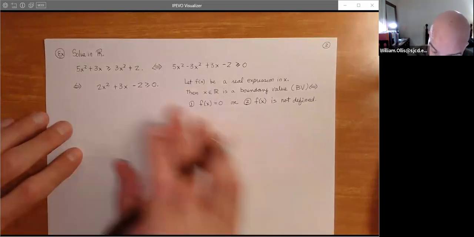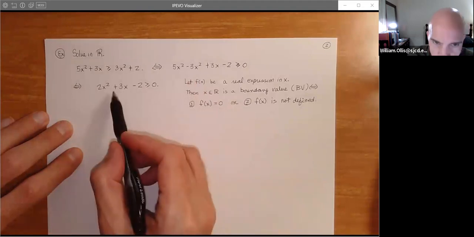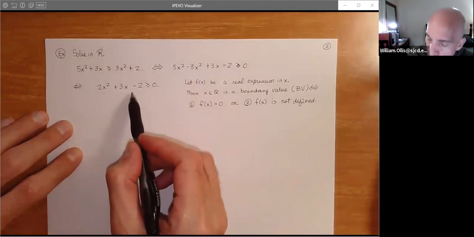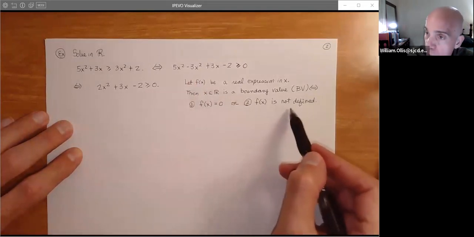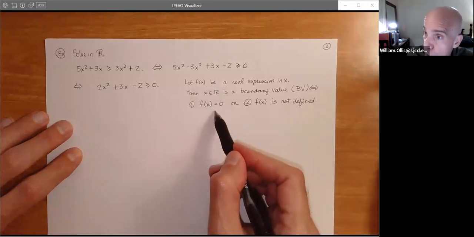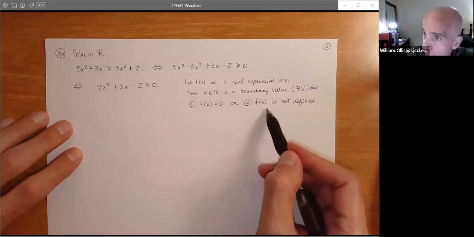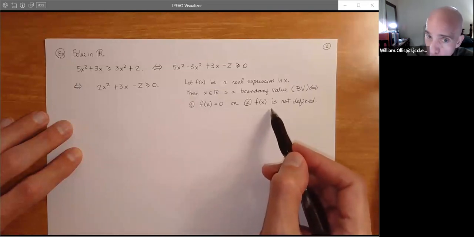And so now, when we look at this, we just say, oh, okay, well, this is just a quadratic polynomial. It's never going to be undefined, so to speak, but possibly could be 0. So let's check for BVs with number 1, whereas 2 would not be something we would consider in this case.